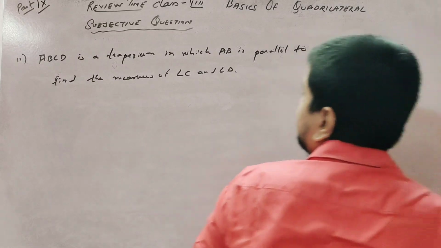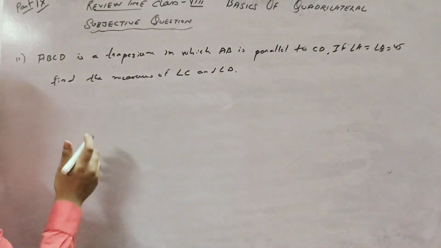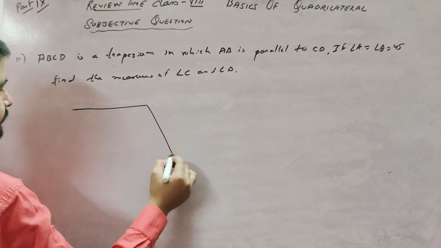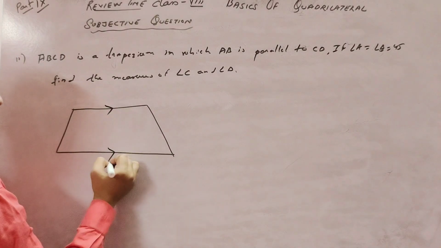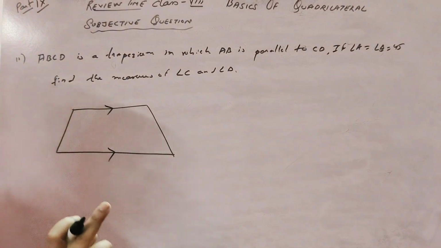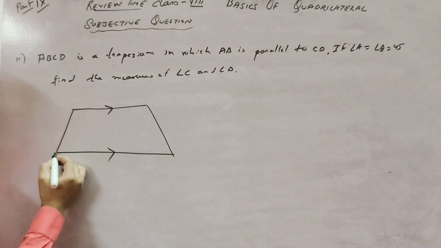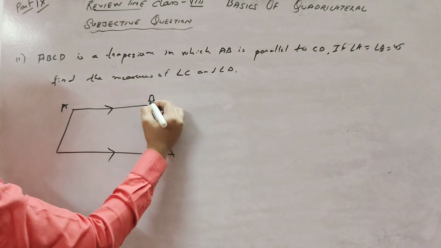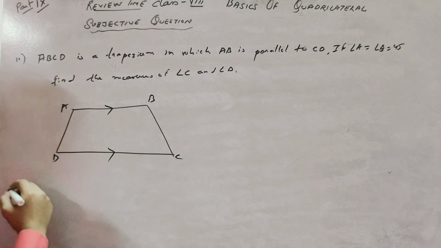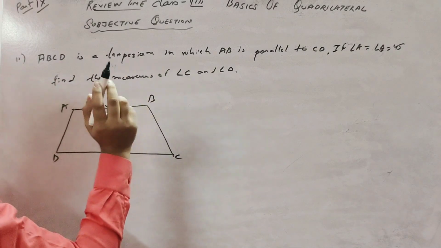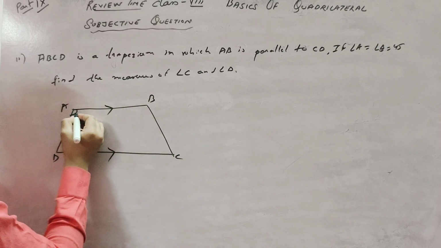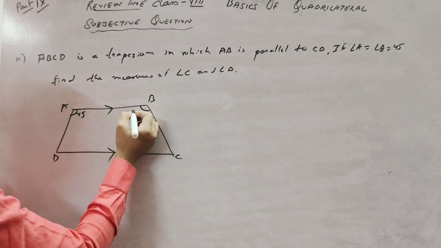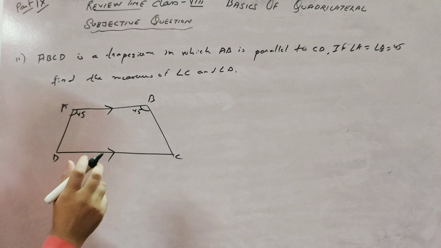So first of all we draw a trapezium. We know that one pair of sides of a trapezium is parallel. So A, B, C, D. Now AB is parallel to CD, also given. Angle A is 45, angle B is also 45.